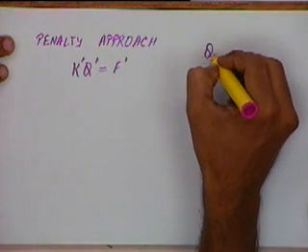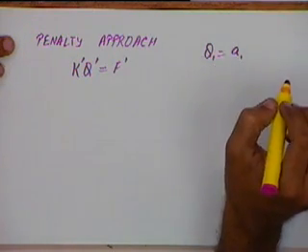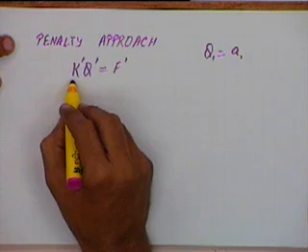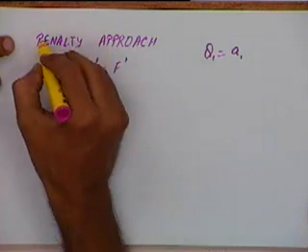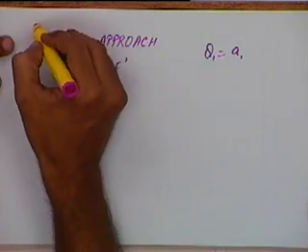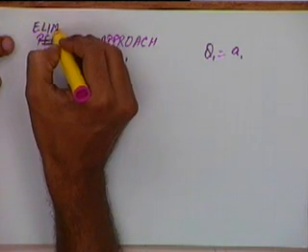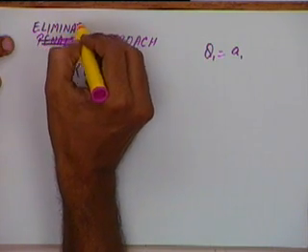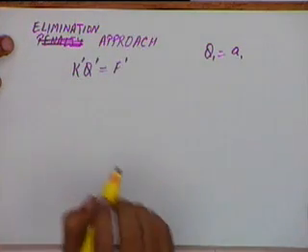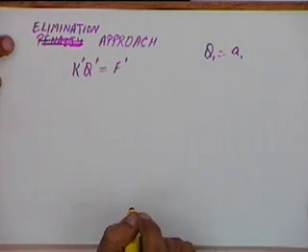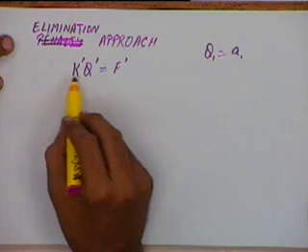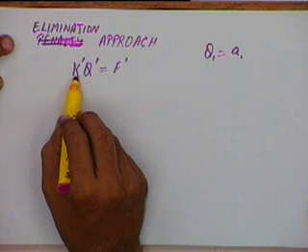If you have a constraint of the type Q1 is equal to A1, K prime was obtained by deleting the first row and the first column in the K matrix.